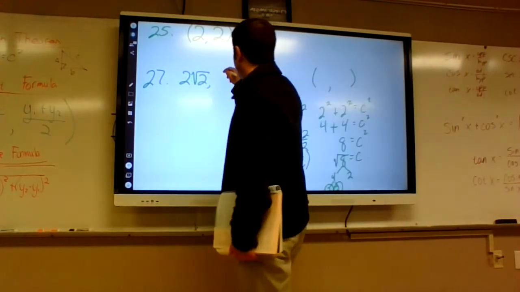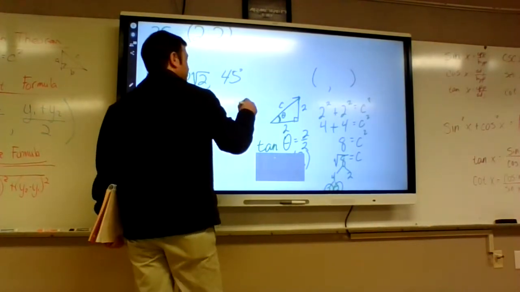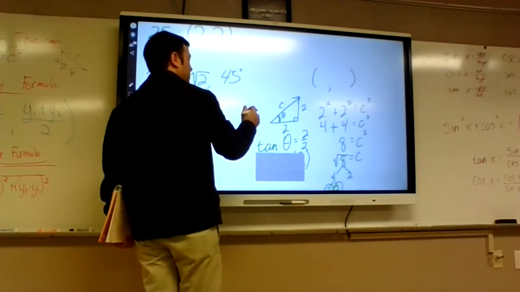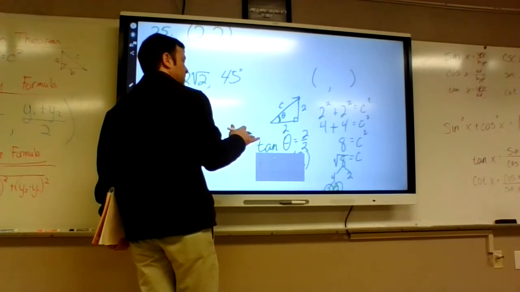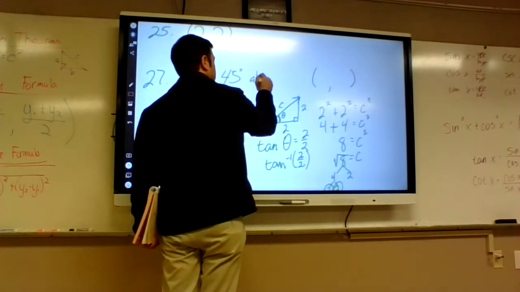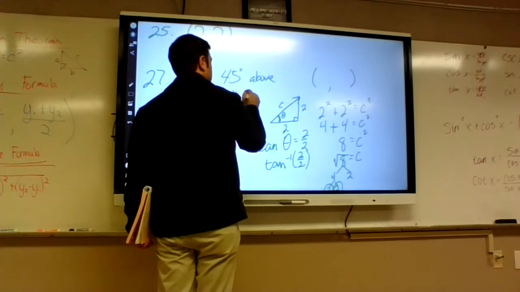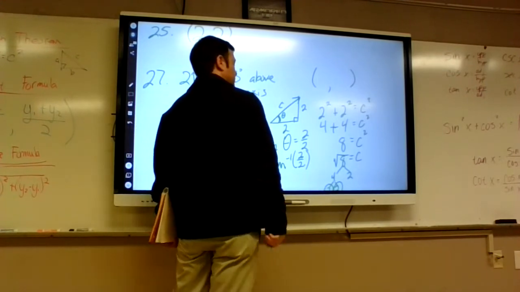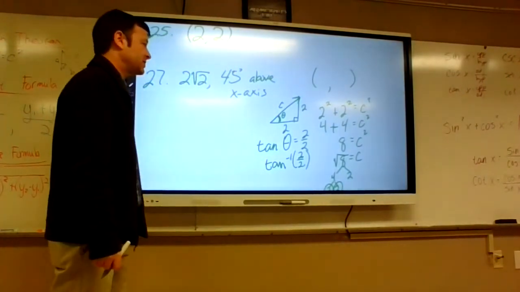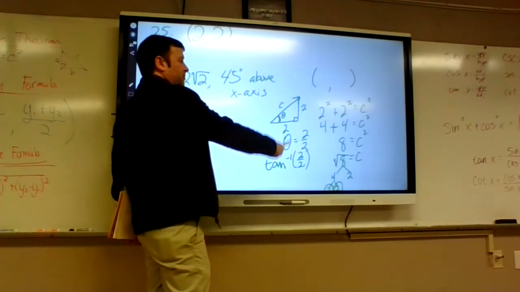So the way the book wrote this, I don't think I made you guys write it quite like this. It's 45 degrees above the positive x-axis, I guess, because it's going to the right.